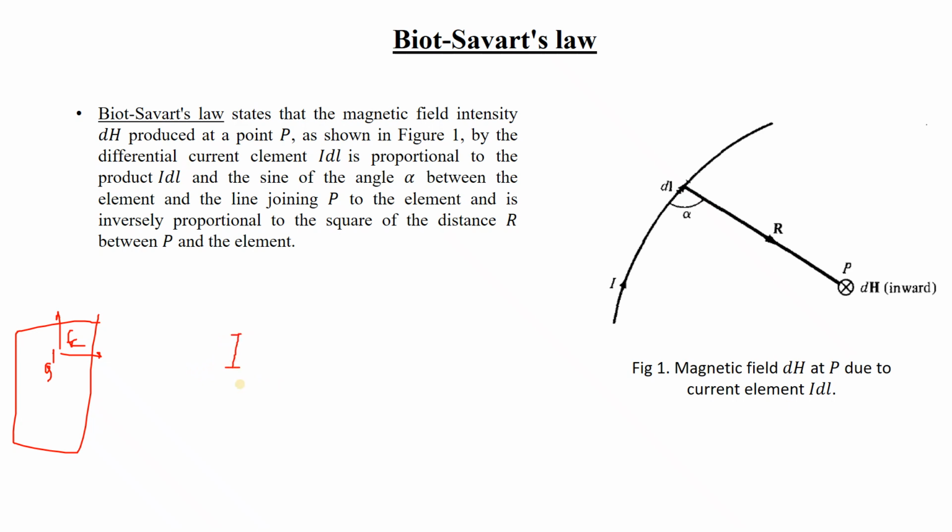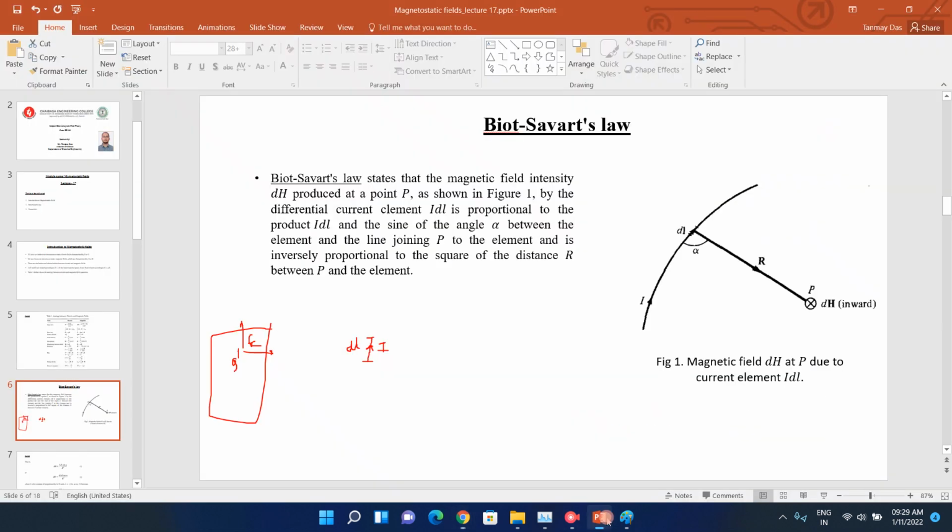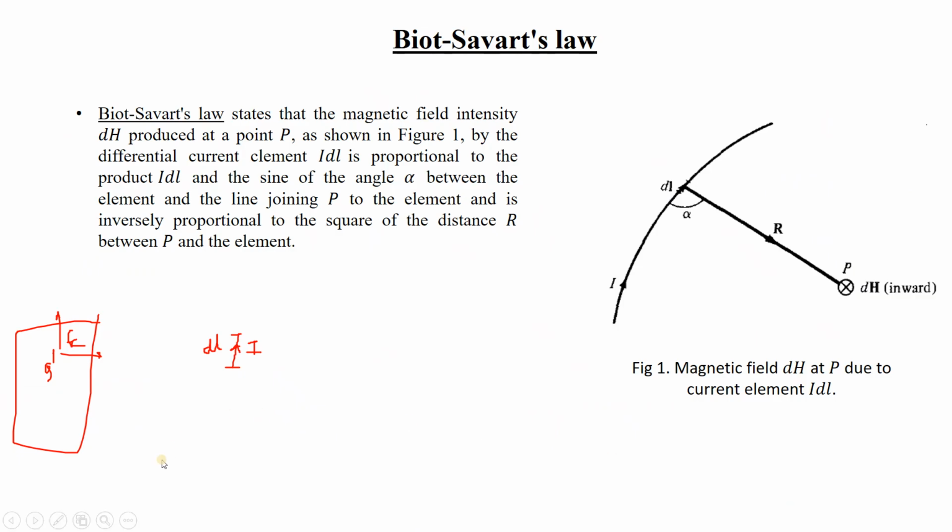In magnetic field, we will not consider any bar magnet. We will consider a small current carrying element: a small conductor whose length is dl and carrying the current I. That current will create some magnetic field, because we know that current carrying conductors create magnetic field. From the right hand thumb rule, when a current passes like this, the magnetic field circles the conductor.